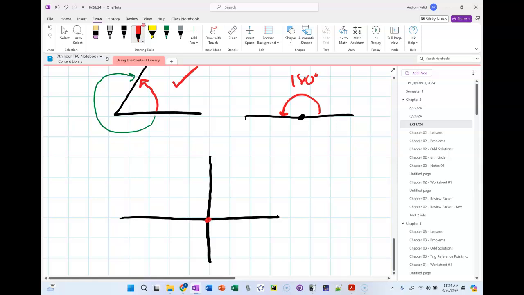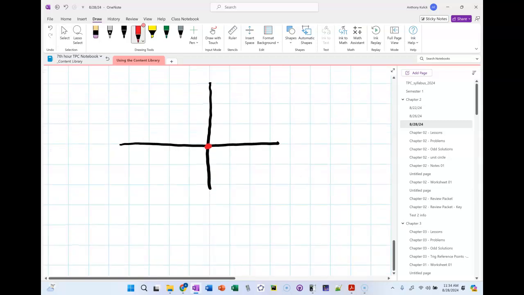The vertex of our angle is always going to be fixed at the origin. And then one arm of our angle is always going to lie on the positive x-axis. We call that arm the initial side of our angle.